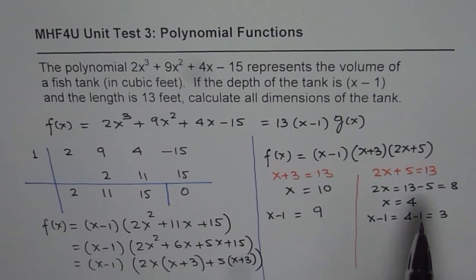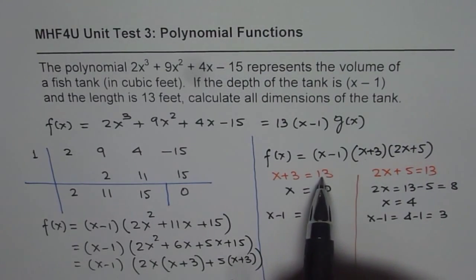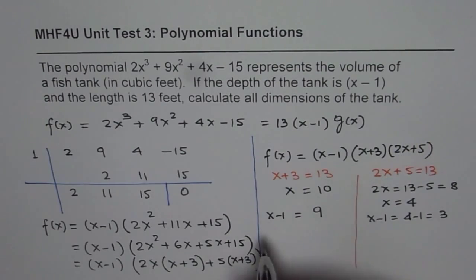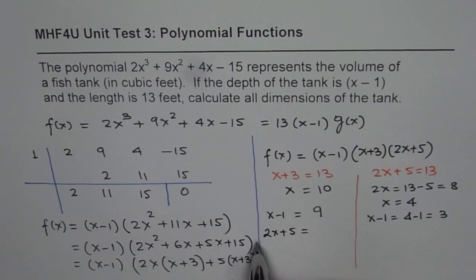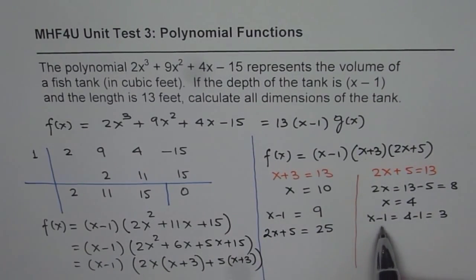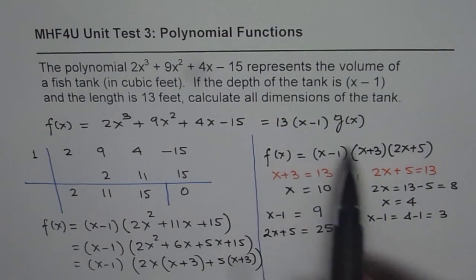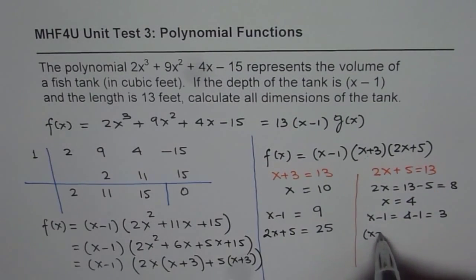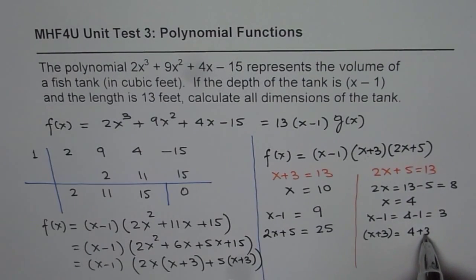If I use x plus 3 as 13, then g of x is 2x plus 5. So 2x plus 5 is going to be 10 times 2 is 20, plus 5 is 25. In the other case, since 2x plus 5 has been utilized as 13, x plus 3 will be g of x. So x plus 3, which is g of x, will be 4 plus 3, which is 7.